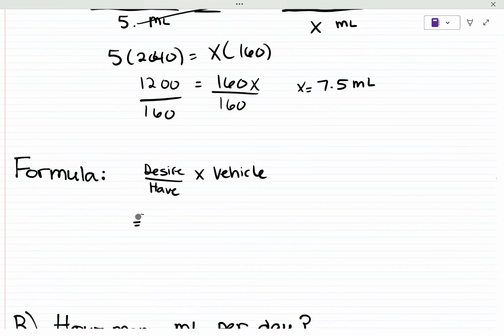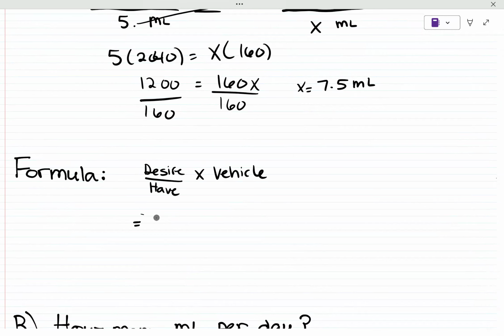Make sure the desire and have are in the same unit; if not, you have to do a double conversion. Desire and have are both in milligrams, so we're good.